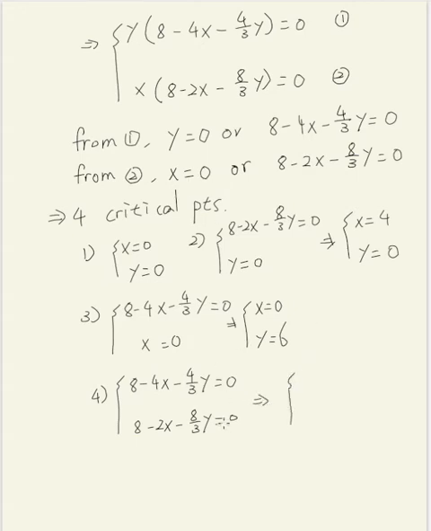I'm not going to write all of that here, but the way you do it is you multiply the first equation by 2 and then subtract the second equation. So we get 16 minus 8x, and subtract the second one: minus 8 plus 2x. The parts about y will cancel out, so you get 8 plus 6x equals 0, and x equals 4 over 3.